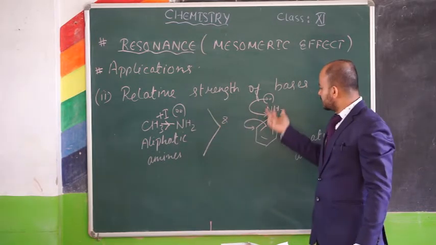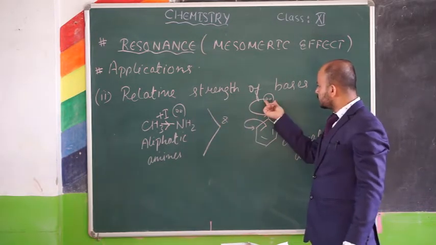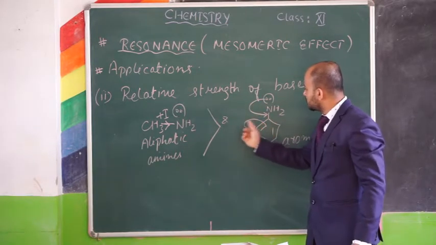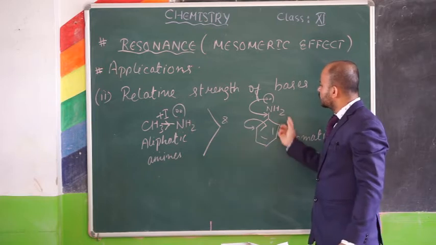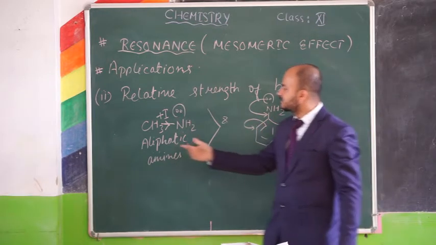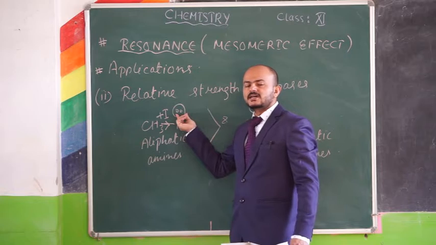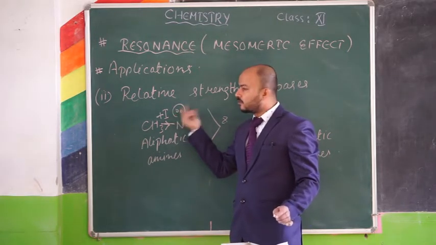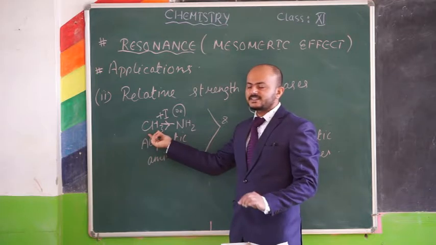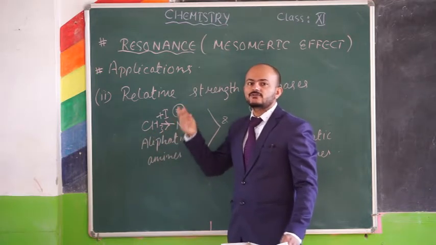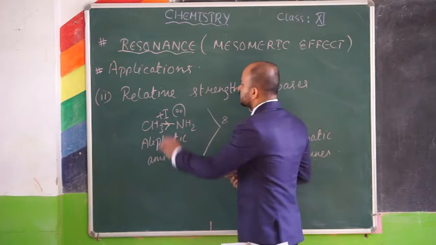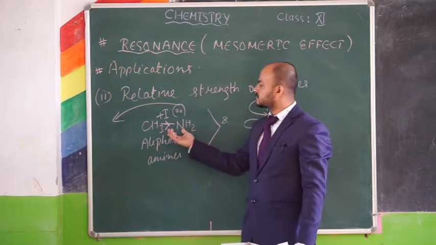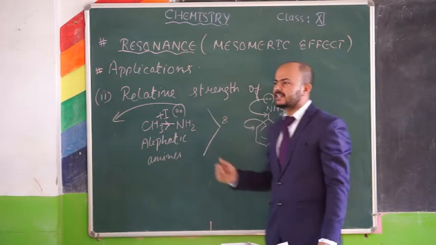In aromatic amines, the lone pair is not available because it takes part in resonance in the benzene ring and is distributed over all the carbon atoms. Whereas in aliphatic amine, the lone pair is available and not taking part in any such effects. Moreover, CH3 shows a plus I effect and increases the electron density over nitrogen. Hence these electrons are easily available to be donated. Therefore, the basic strength of aliphatic amines is always greater than that of aromatic amines.